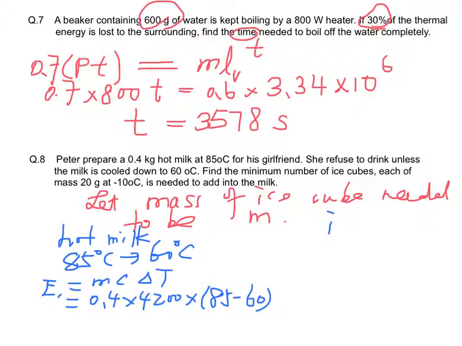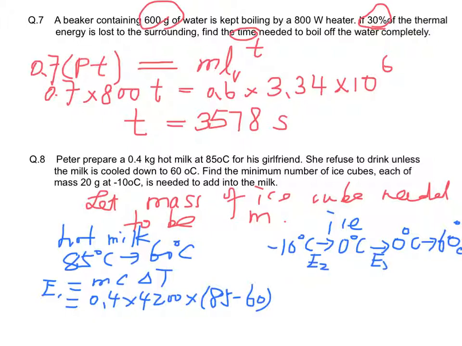For the ice, the temperature will change from -10 degrees Celsius to 0 degrees Celsius of ice first, and then change to 0 degree of water next, and change to 60 degrees Celsius of water. It involves 3 stages. The energy absorbed by the ice in these 3 cases is E2, E3, and E4.